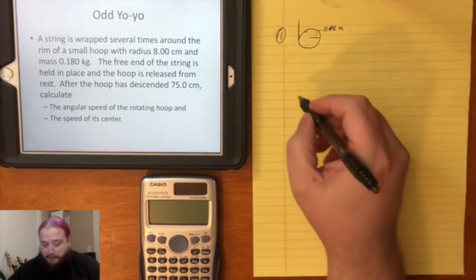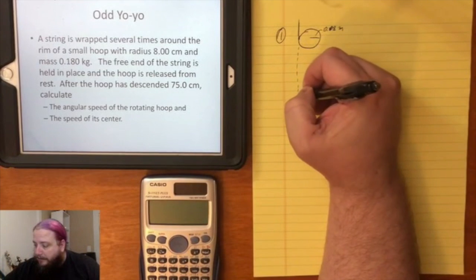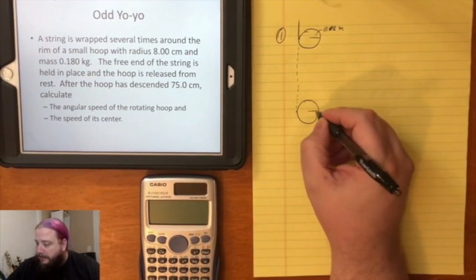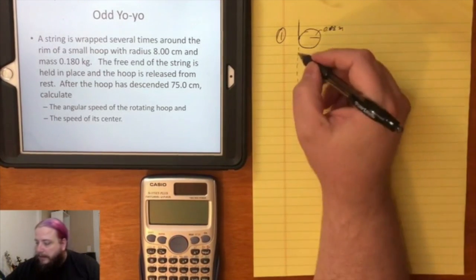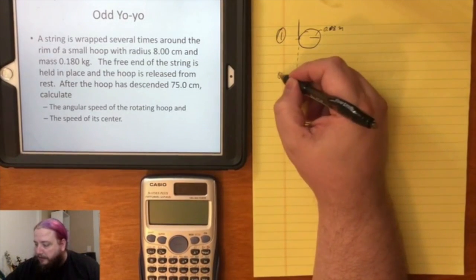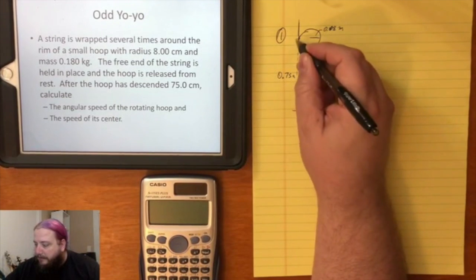It is, however, at some higher point than it will later be down here. We can draw it again. There it is again, same 0.08 meters. And the distance it has traveled is our 75 centimeters, or 0.75 meters.